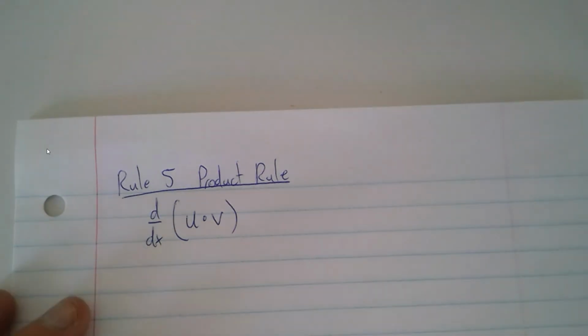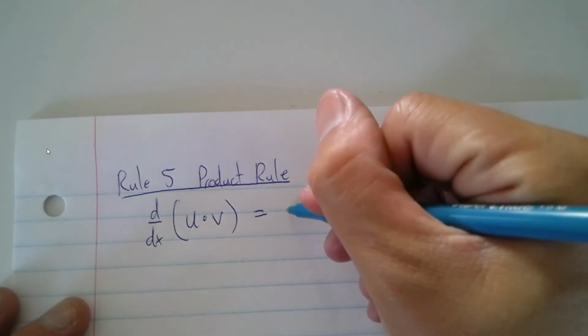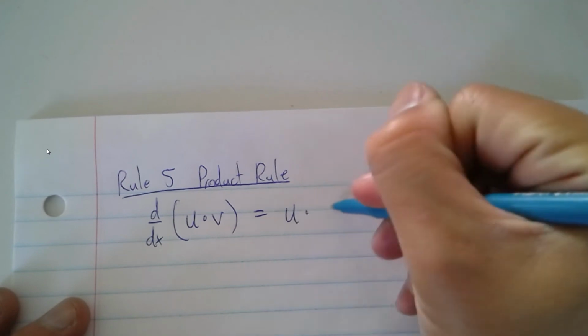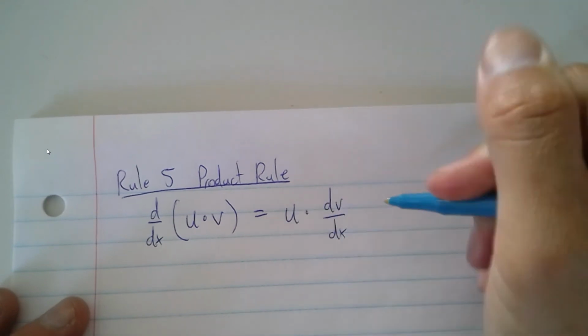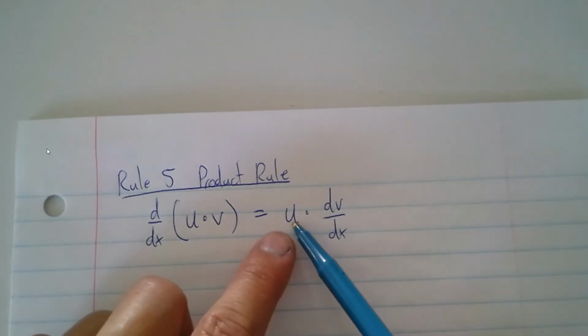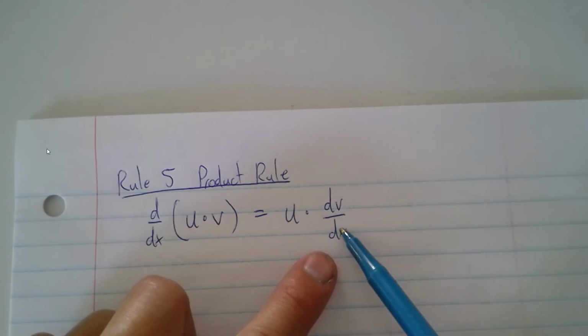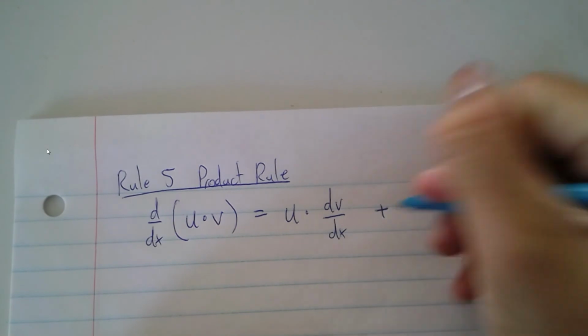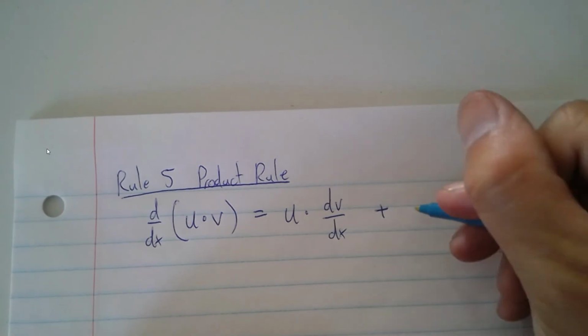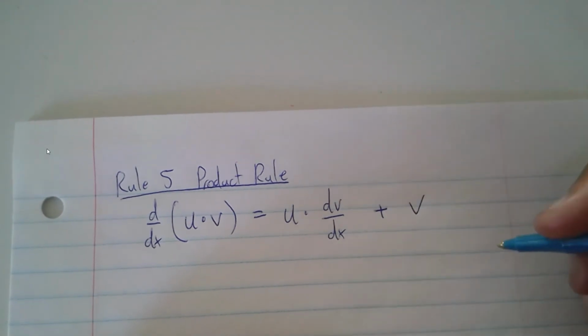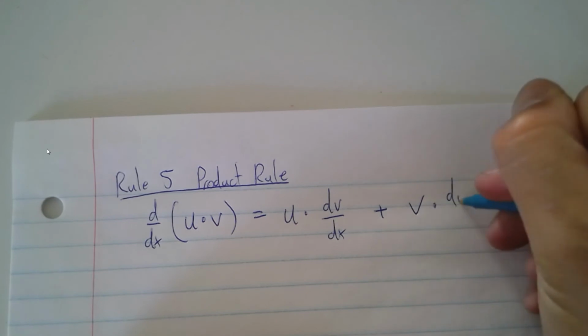You're going to leave u alone once, and multiply it by the derivative dv over dx. Then you're going to do the opposite and add v times du over dx.